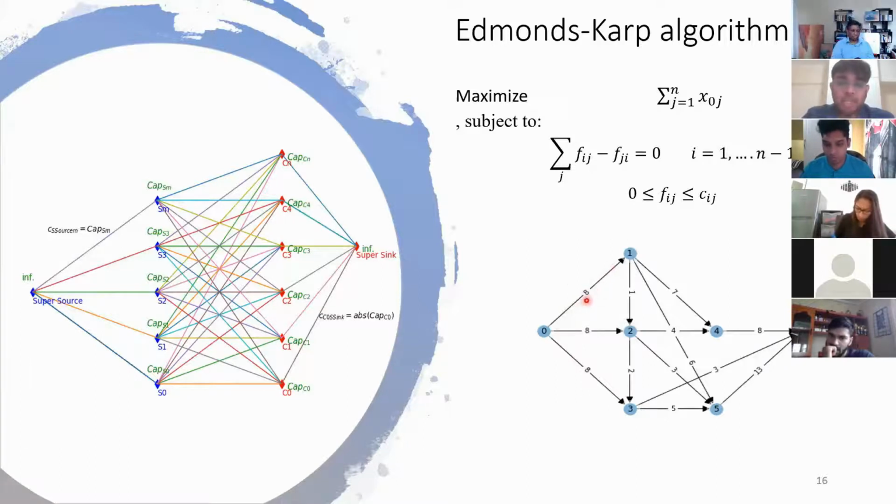And so initially in a flow network, this is a flow network, you have zero flow through each edge. The first constraint states that for a given vertex, the flow coming into it must equal the total flow going out of it.